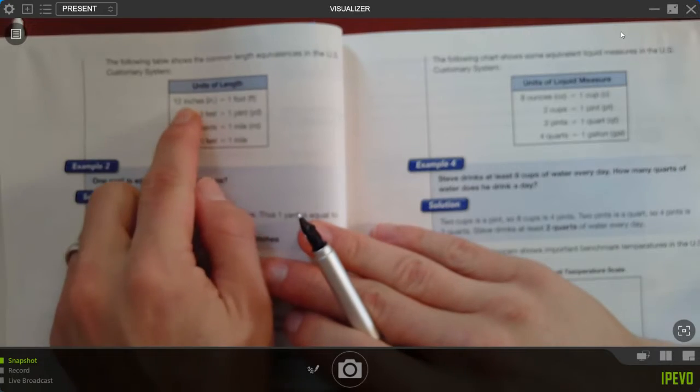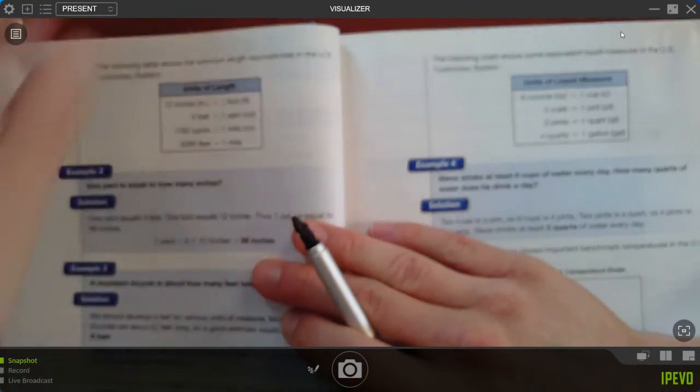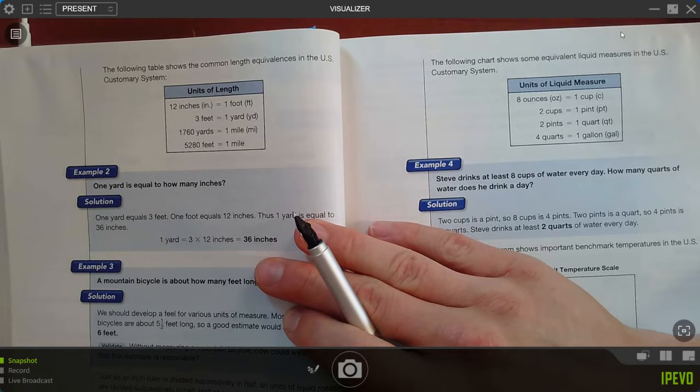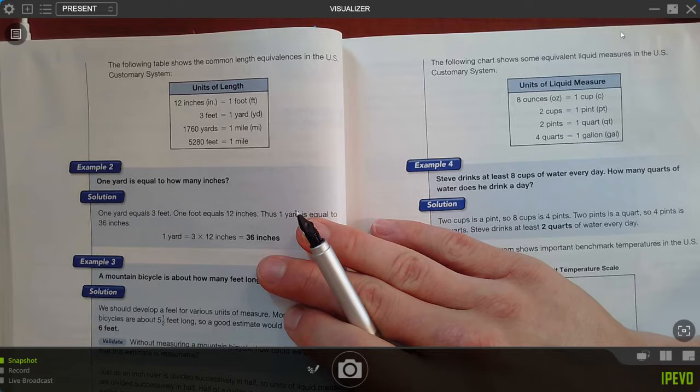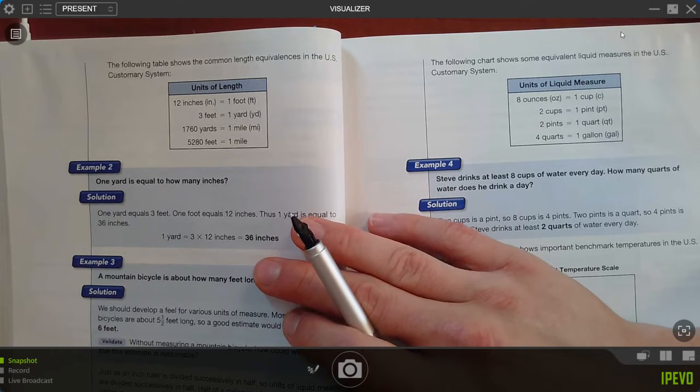We have 12 inches to a foot, 3 feet to a yard, 1,760 yards to a mile. That's one heck of a thing. And then 5,280 feet to a mile.